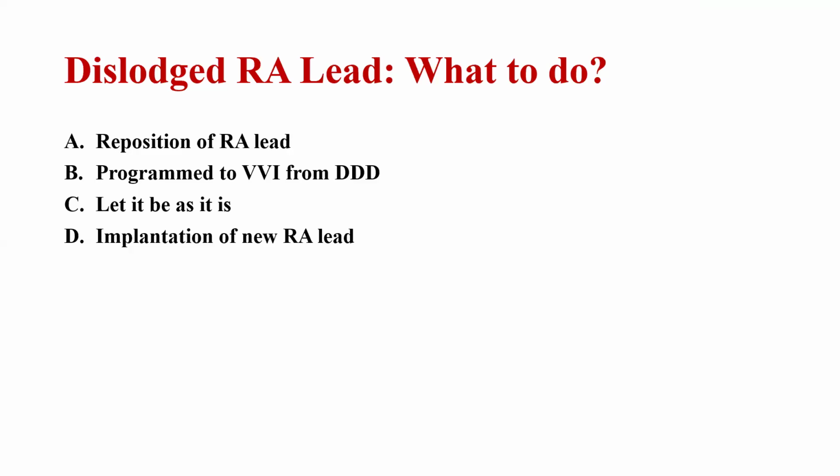In that case, if the party agrees, since it is just one month old, the lead can easily be repositioned in the right atrial appendage. If the party disagrees to spend more money or to be operated on again, then what we do is a VVI conversion of the DDD.